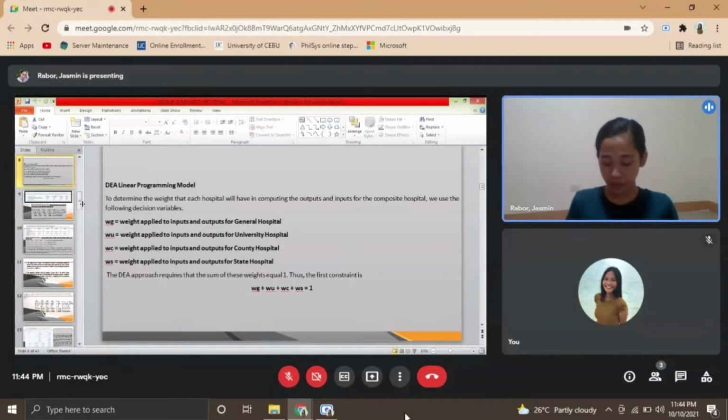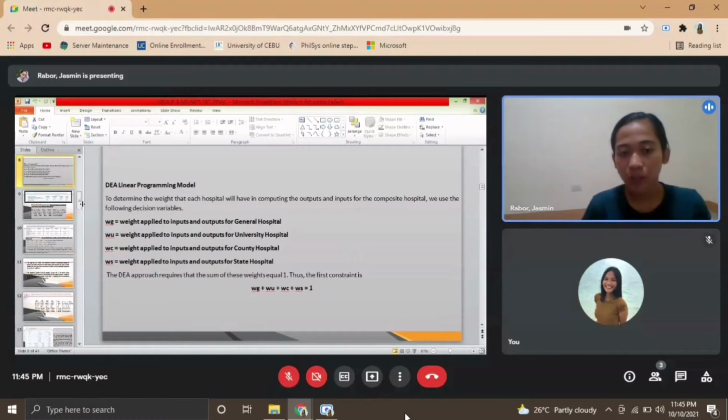Decision making units represent a group of organizational units that are compared in the process of DEA based on their measurements on a certain set of inputs and outputs. So we have four decision variables. WG, weight applied to inputs and outputs for general hospital. WU, weight applied to inputs and outputs for university hospital.